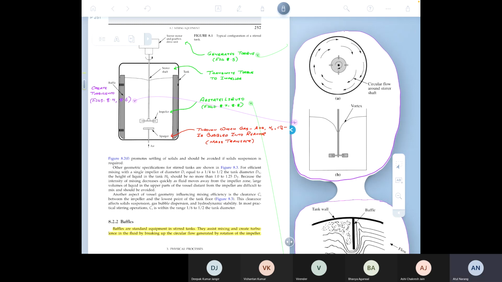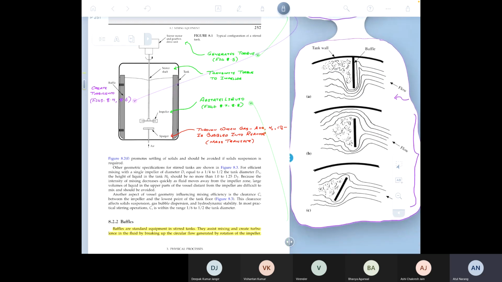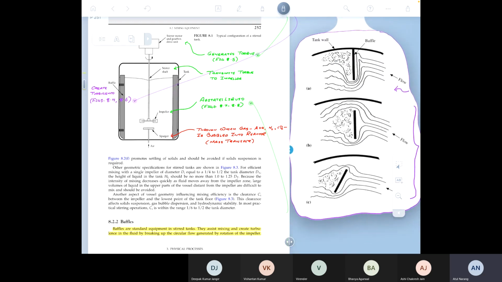This is actually one special case, and more on that in the next figure. So this is showing you the spatial relationship of the baffle to the tank wall.